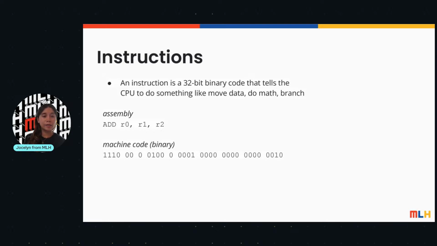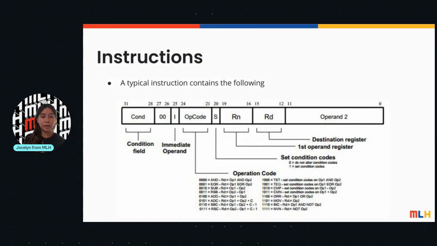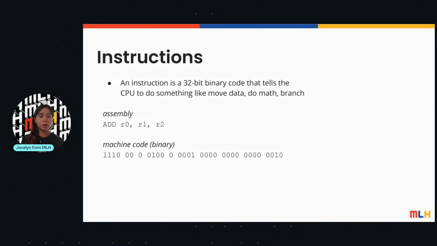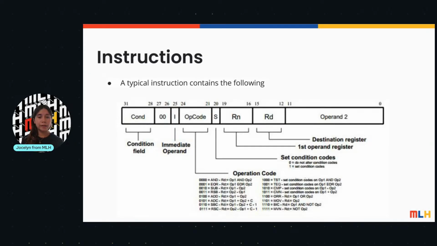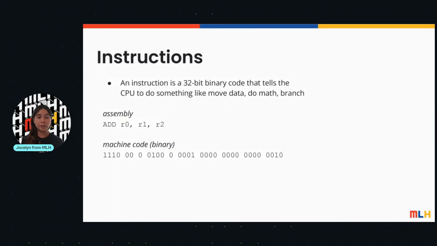In our case, our opcode is add, and depending on the combination of bits that I have is the specific opcode that I'm going to be sending into my binary language. Then we have the set condition codes, the first operand register, and our destination register, which is RD. All of these numbers fill out these different categories, and this is how the computer actually understands your code.